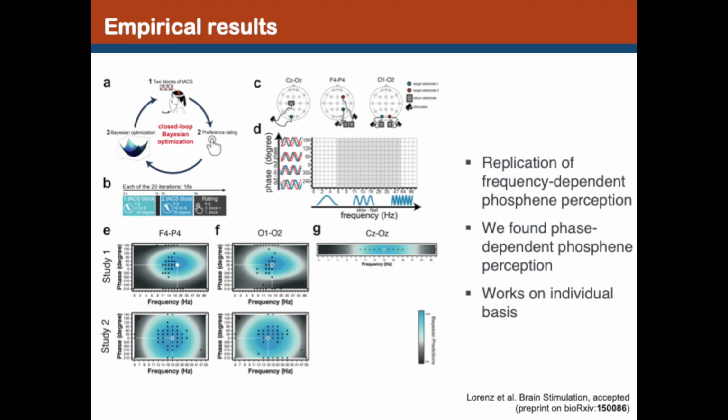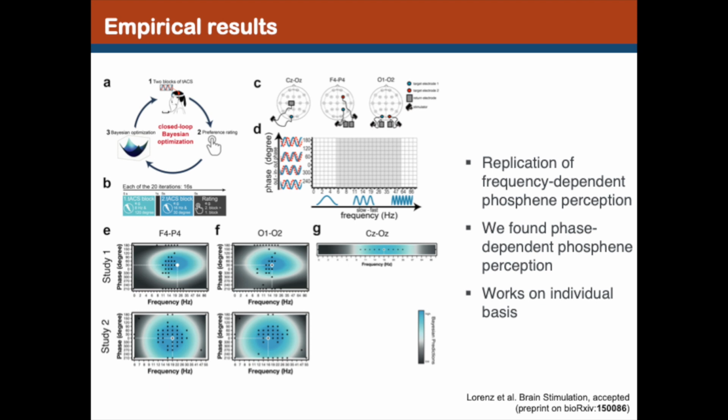Then in other participants, we focused just on phase, to see whether there is a particular effect of phase. The reason for that is that the effects of frequency are much higher than the effects of phase. So we're able to show that not only do you have an effect of frequency, but you also have an effect of phase.